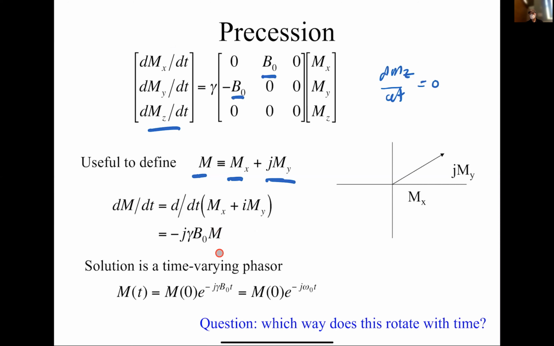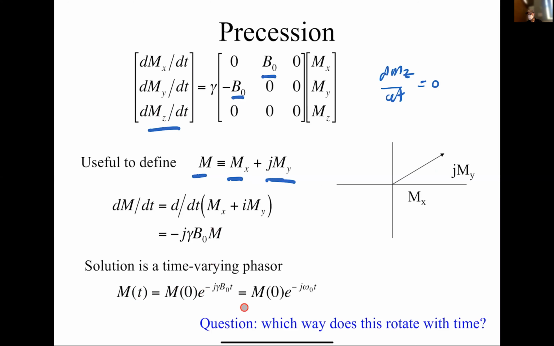And this is just a first order differential equation, the simplest equation you could think of. It clearly has a solution of M(t) equals M0 times e to the minus j gamma B0 t. Basically every first order differential equation is just an exponential, because an exponential has an exponential as its derivative. This is the key finding.